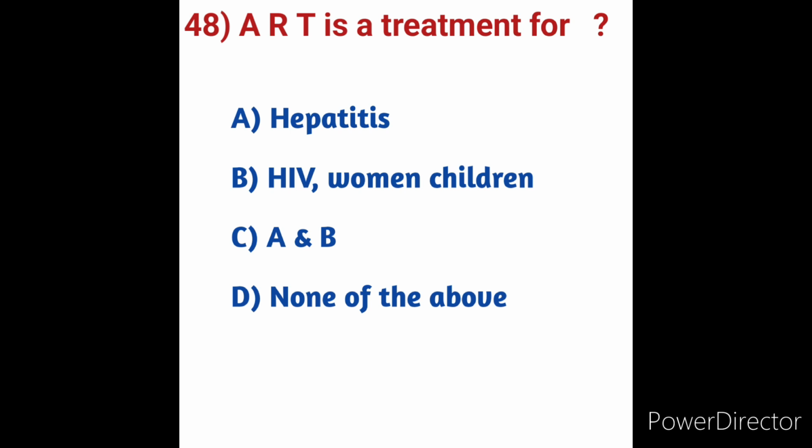The treatment for HIV is called antiretroviral therapy. ART involves taking a combination of HIV medicines every day. ART is recommended for everyone who is infected with HIV. So here ART is a treatment for HIV in women and children. So here option B is the correct answer.